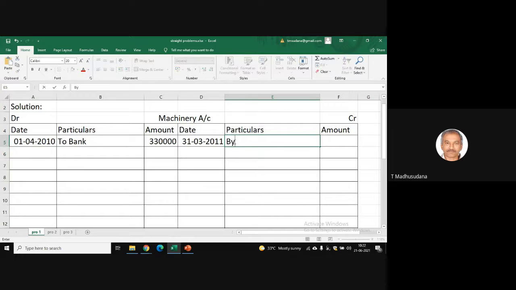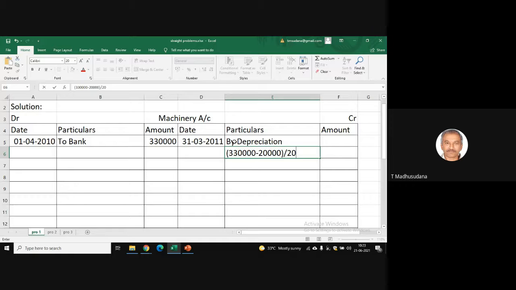Therefore, by depreciation. How is the depreciation calculated? Here, 3,30,000 minus, what is the scrap value? 20,000, divided by, what is the average life of the asset? 20 years.